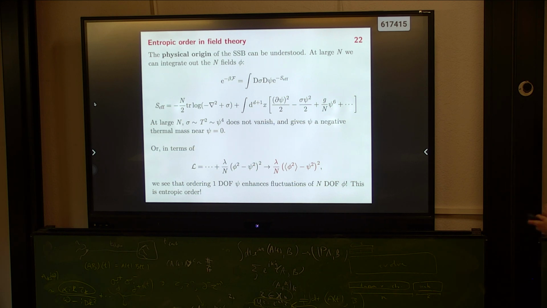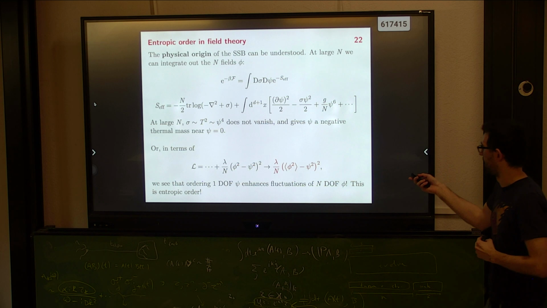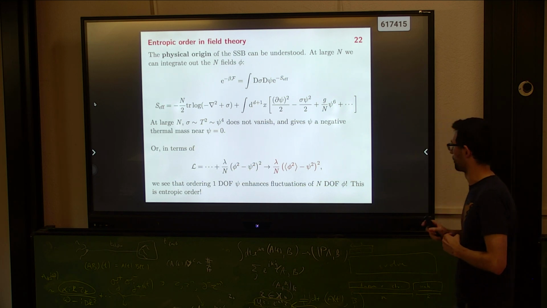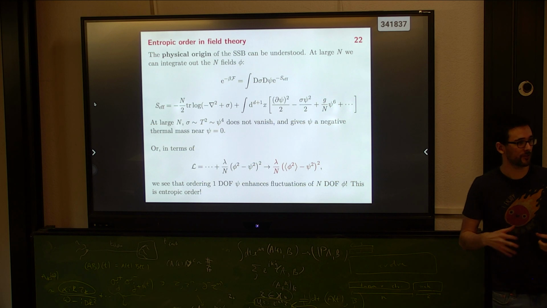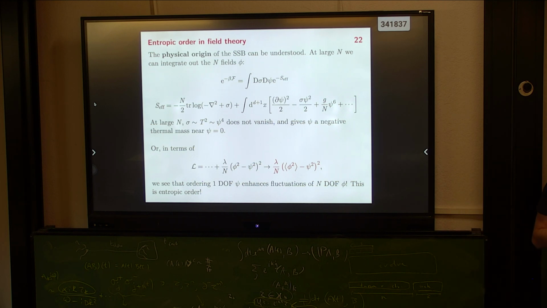And although psi might give itself a thermal mass, this is not enough to overcome the deeper and deeper well that the fluctuations in phi are pushing this field into. And this is the entropic order mechanism at play. If we order psi, we lower the energy cost of the phi fluctuations, which dominate the partition function. Okay. So this mechanism is, in some sense, the exact same one that we've seen before.